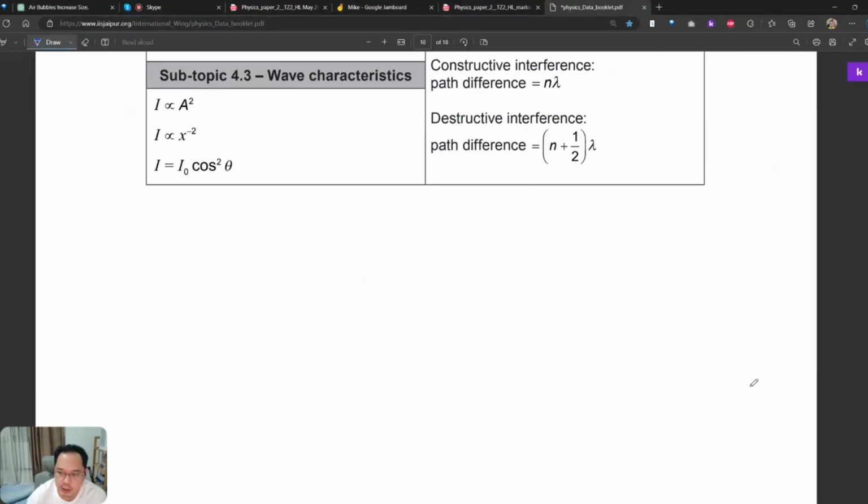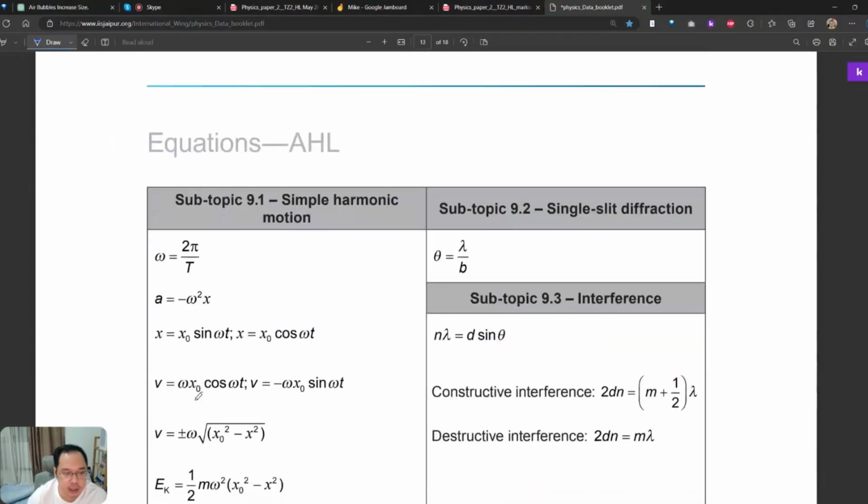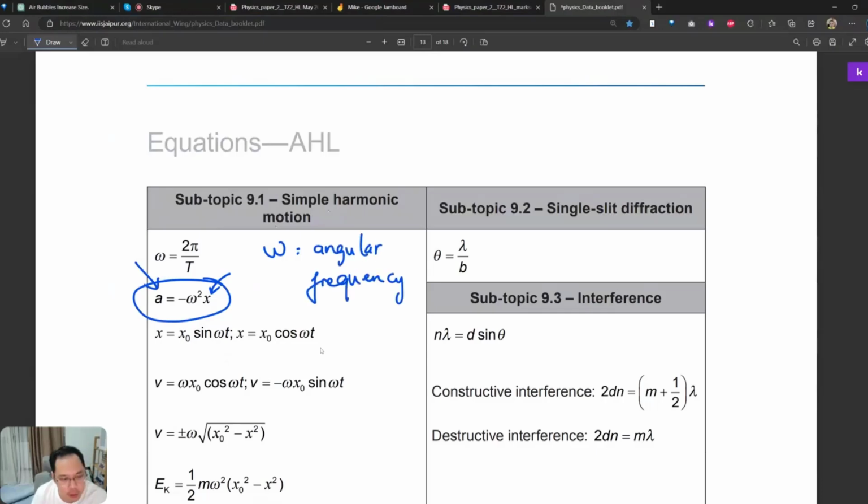The formula involving acceleration and displacement is this one: a is acceleration, x is displacement, and omega is called the angular frequency, given by 2 pi over the period of the oscillation.